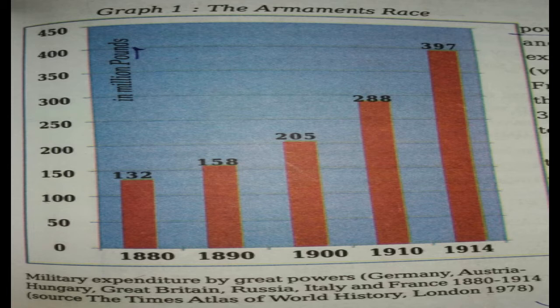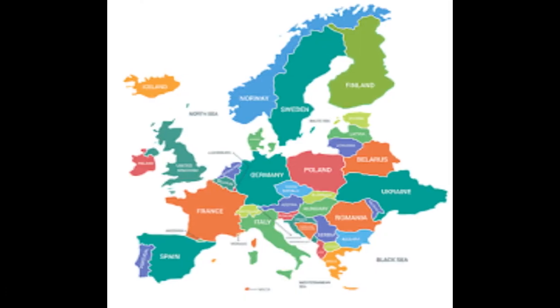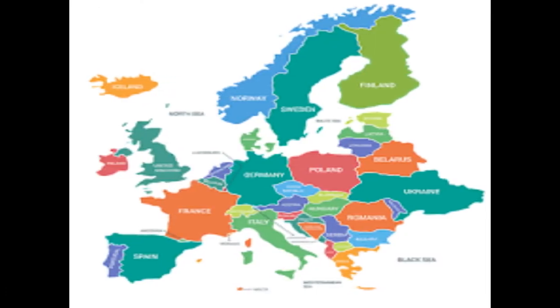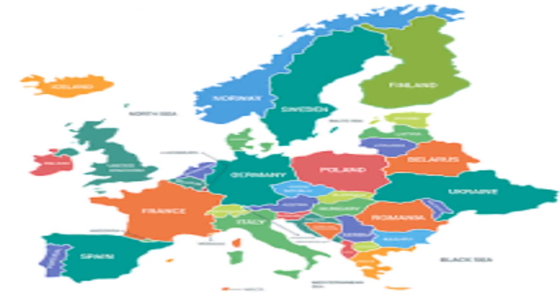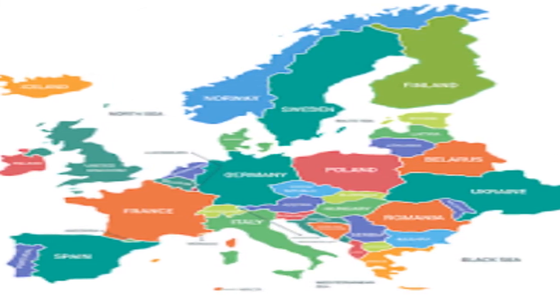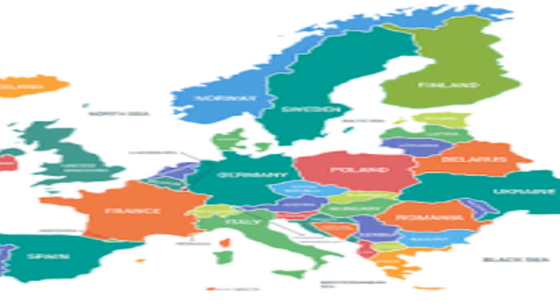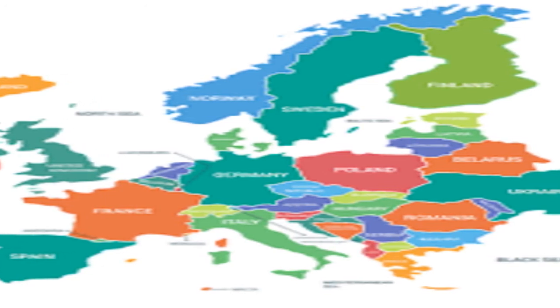From 132 million pounds to 397 million pounds it increased from 1880 to 1914. How much increase? A threefold increase, or you can take it as a 300% increase.